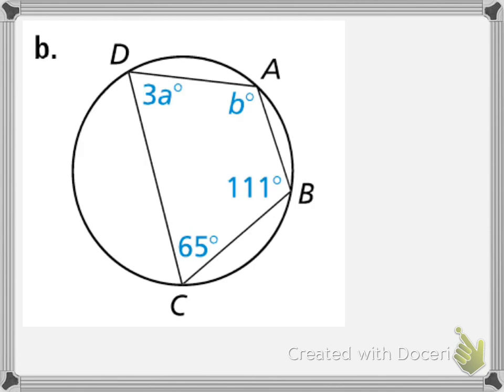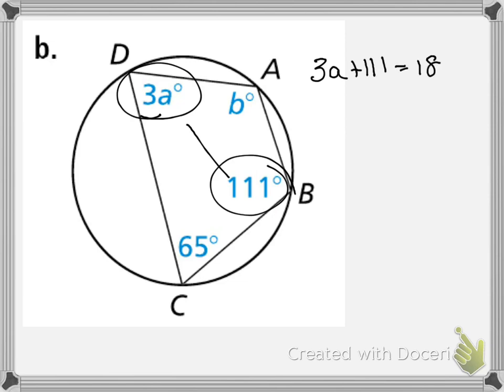Here we have another one, a quadrilateral inscribed. Since it's a quadrilateral, all the vertices are on the circle, so opposite angles are supplementary. If I want to find A, I know 3A and 111 have to add up to 180. If we subtract 111 from both sides, 3A would equal 69.